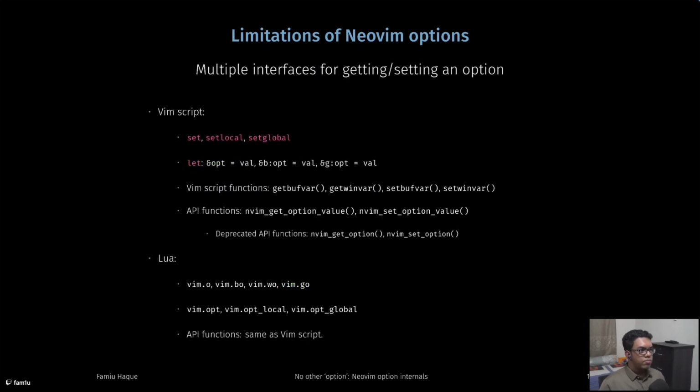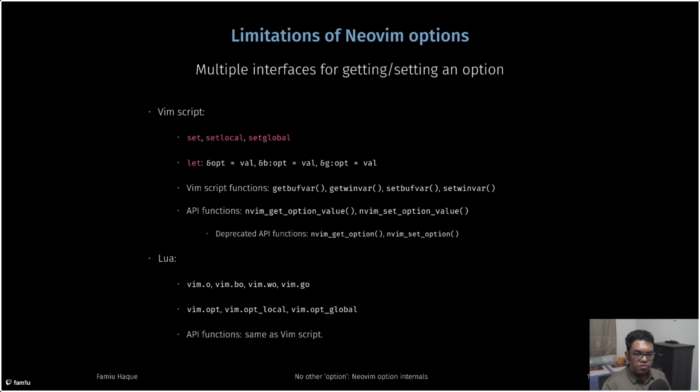Moving on. Another limitation of Neovim options: there are multiple interfaces for setting an option. With Vim script, you have :set, :setlocal, :setglobal. These are the most basic ones. :set sets both global and local scope, :setlocal sets the local value, and :setglobal sets the global value.